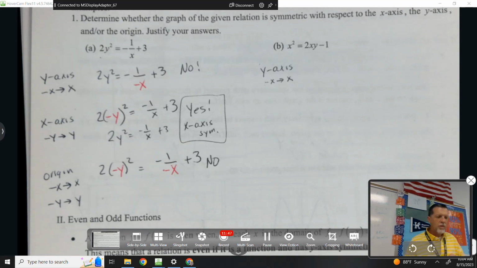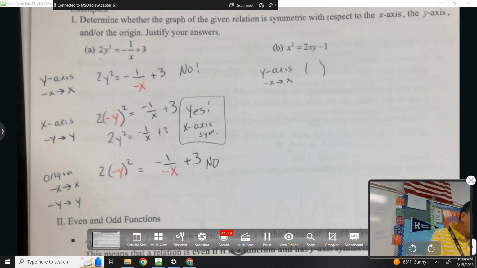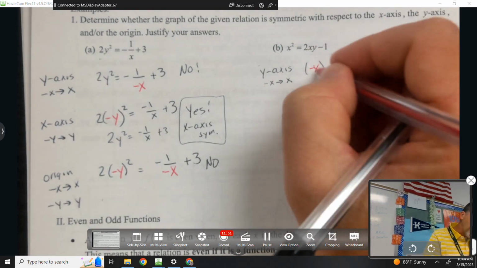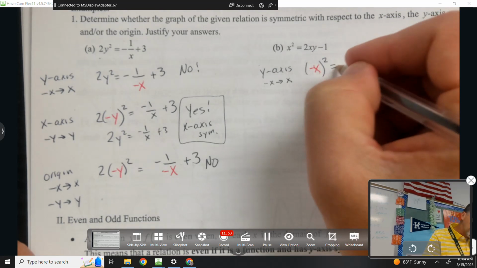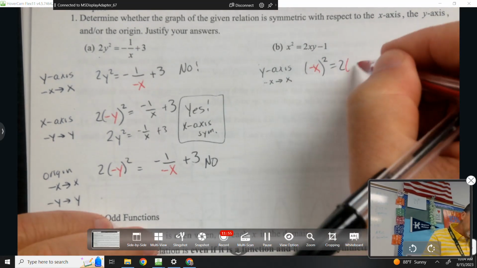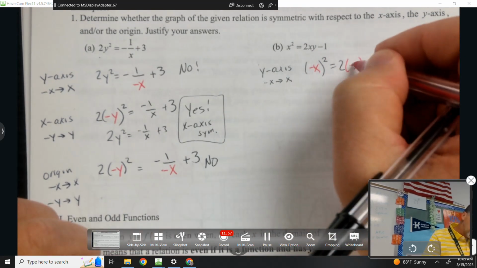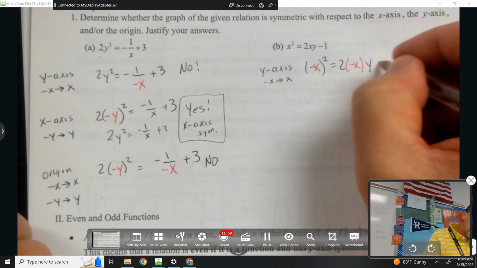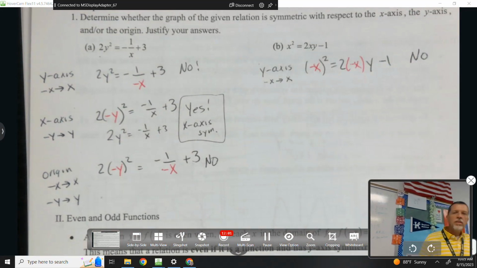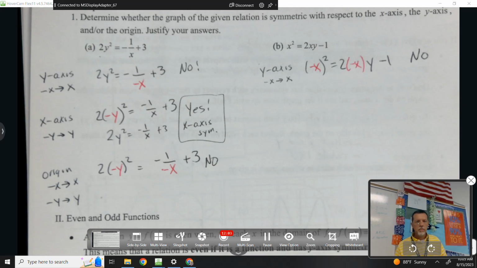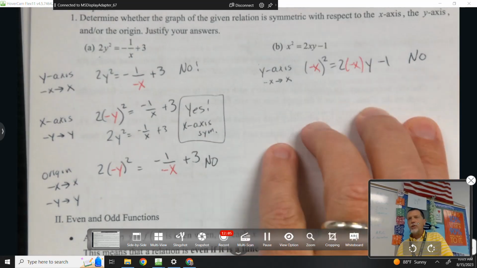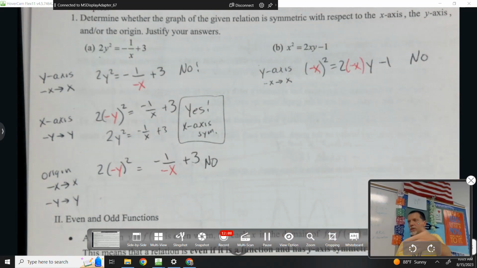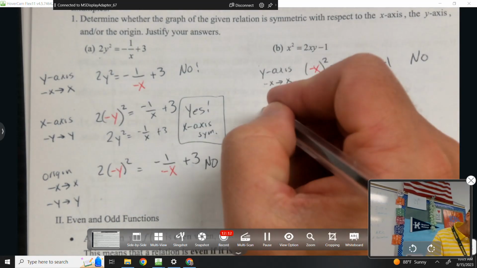No. Why not? There's an x squared. Yeah, but there's another x, right? So one of them's fixed, but the other one, no. So I need to at least see the substitution, so I know that you know what the test is. After that, if you can tell by looking it works or doesn't work, that's fine.